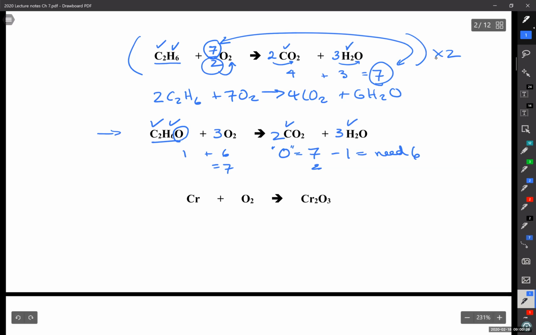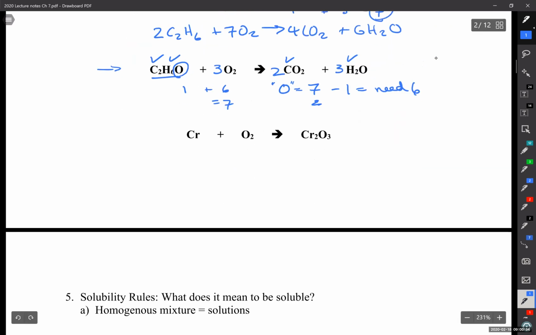Balancing. What am I starting with? With this compound? And then I could do the oxygen or I could do the chromium. It doesn't really matter, I just gotta do both. So if I do the chromium, it's 2 of them. So that would be done. And now I gotta do the oxygen, the same problem, right? I've got 3 on that side, but I have 2 on the other side.